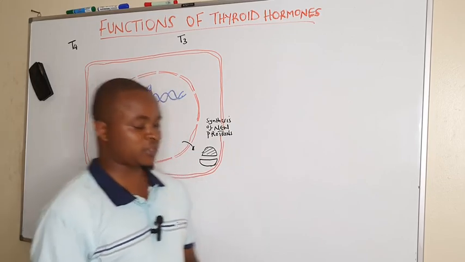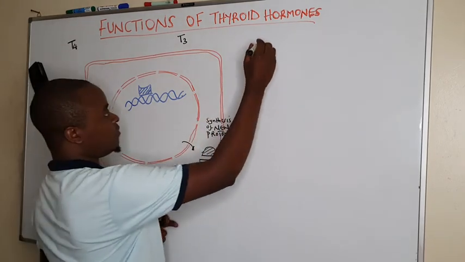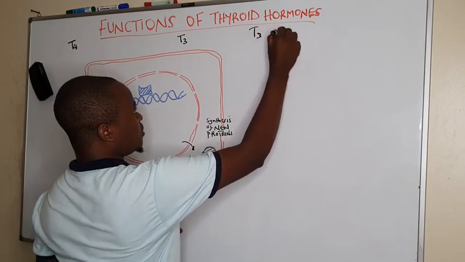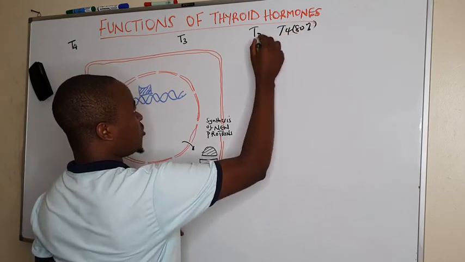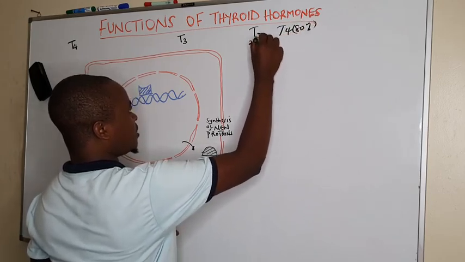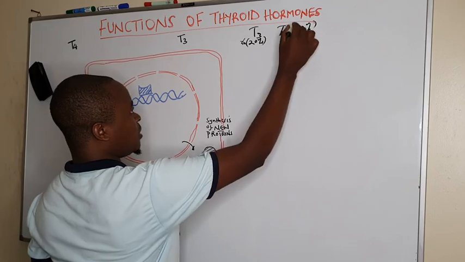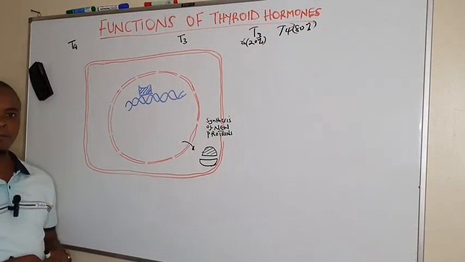Of the thyroid hormones, T3 and T4, we said greater than 80% is T4, whereas less than 20% is T3.